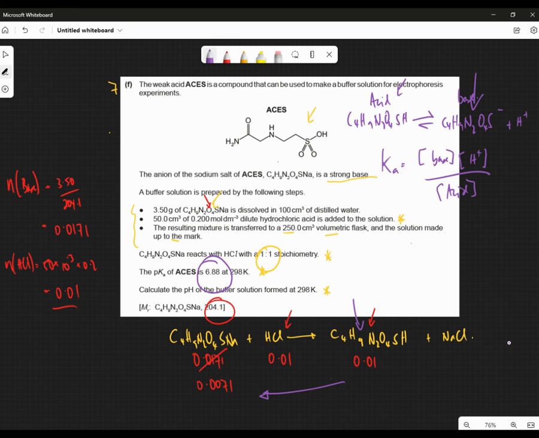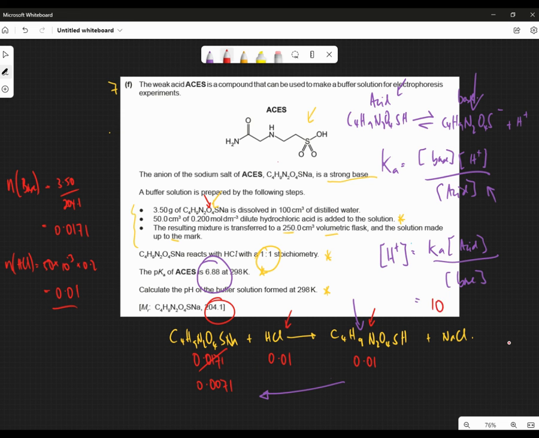Let me see if I can figure this out. We need H plus. We want the concentration of hydrogen ions. So that's going to be Ka times the concentration of the acid divided by the concentration of the base. I'm just rearranging this equation. And let me put numbers in now. Now, Ka, well, this is pKa.